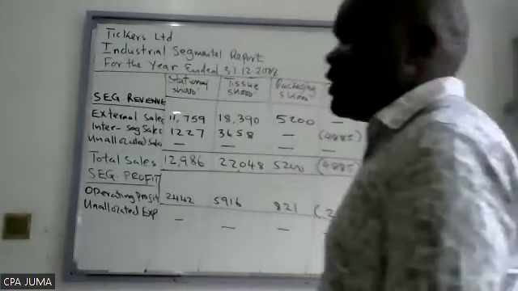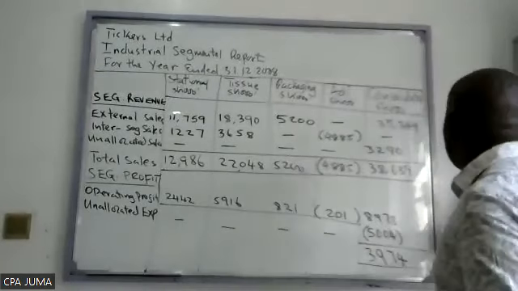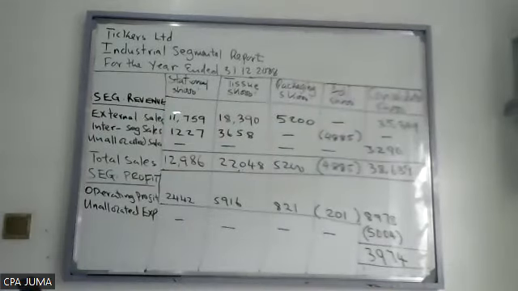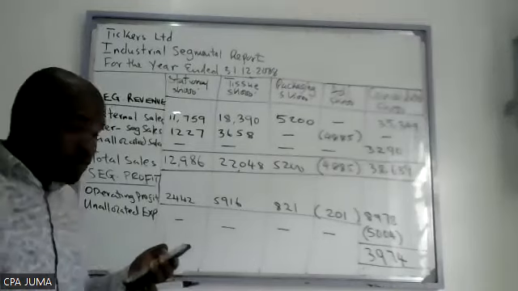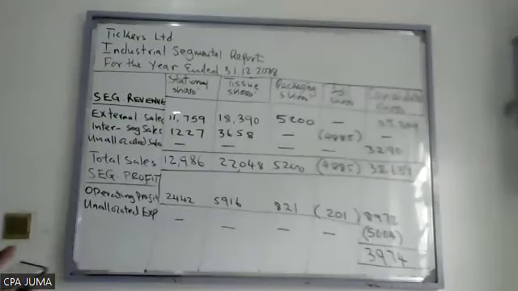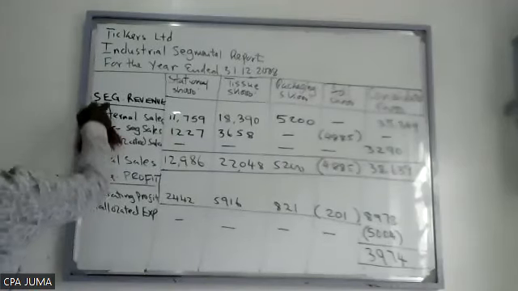And then let's go to segment assets. Our liabilities. So the assets in Asia, they don't have liabilities. It ends there. It ends at the assets.